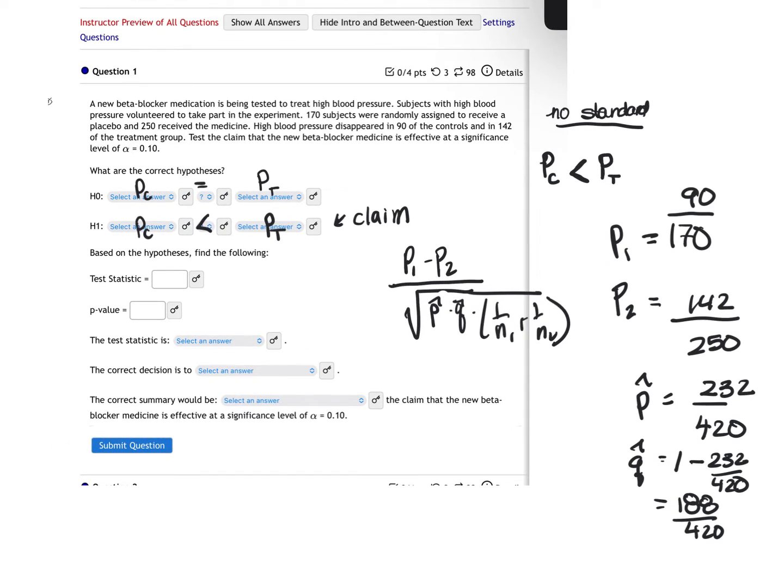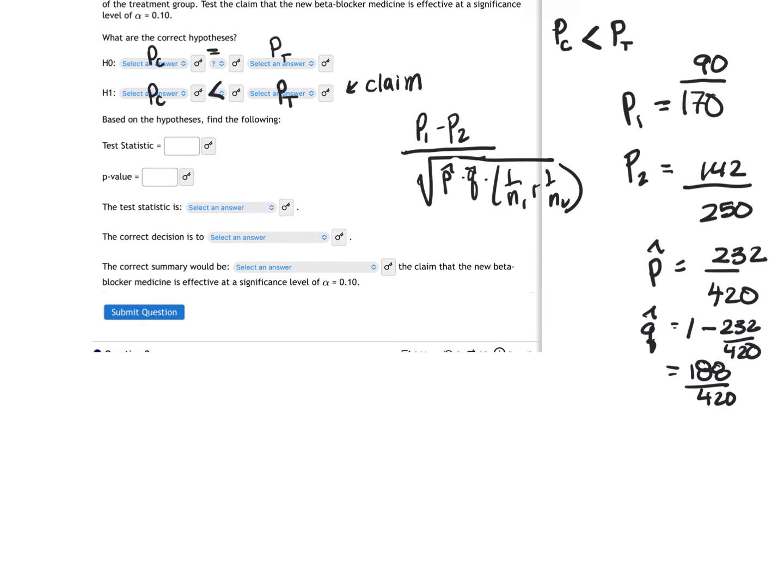I will show you how to do that just by hand, but also you can do this all using your calculator, and I'll walk you through the steps on that as well. So if I go ahead and do this now, I'm just plugging the numbers in.